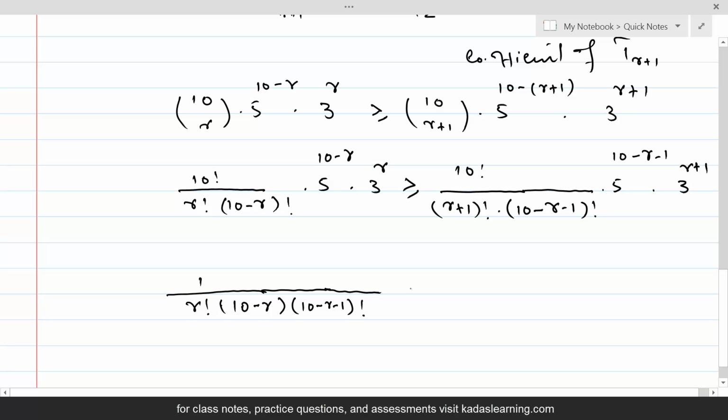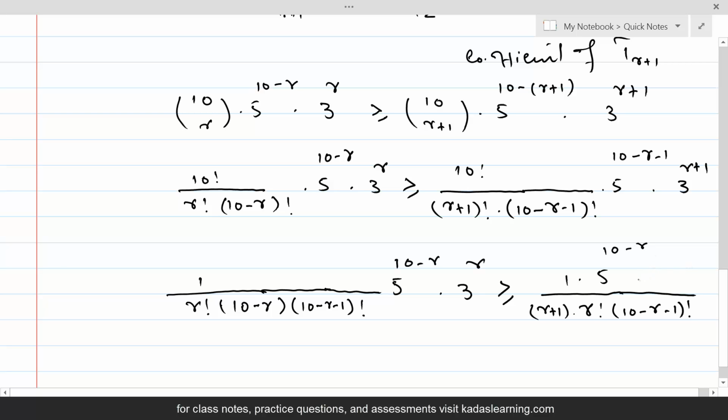in the denominator we can write 5 power 10 minus r into 3 power r, greater than or equal to 1 over, instead of writing r plus 1 factorial, we are going to write r plus 1 times r factorial times 10 minus r minus 1 factorial times 5 power 10 minus r minus 1 times 3 power r plus 1.